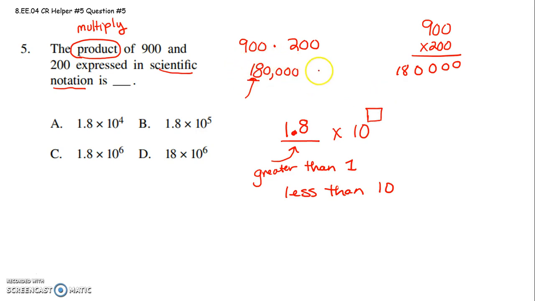If I have a big number instead of a teeny tiny number, then it's going to be a positive exponent on your 10.